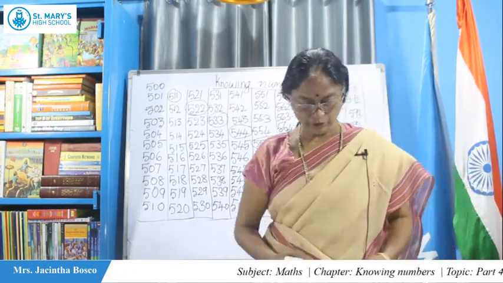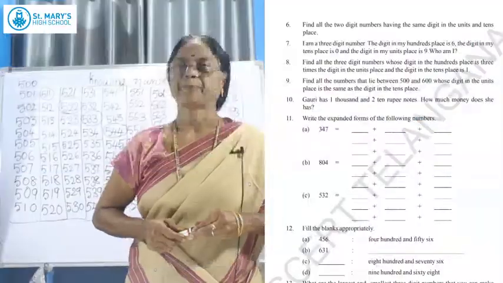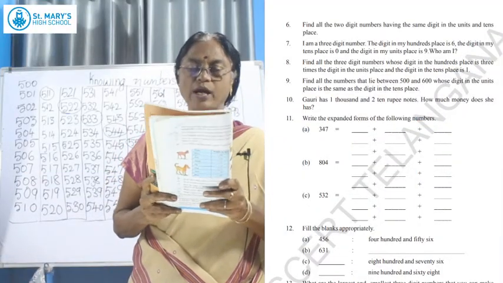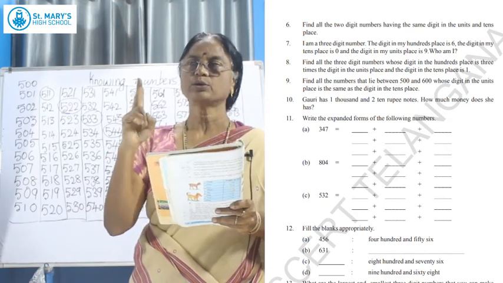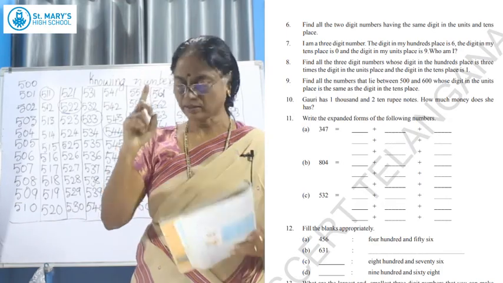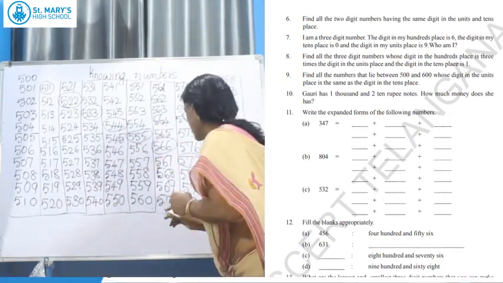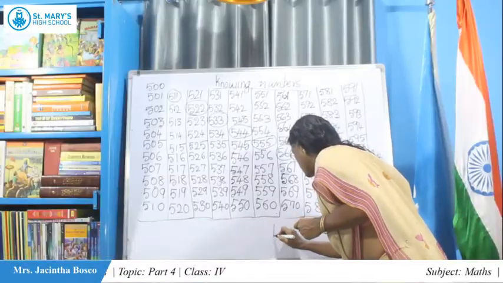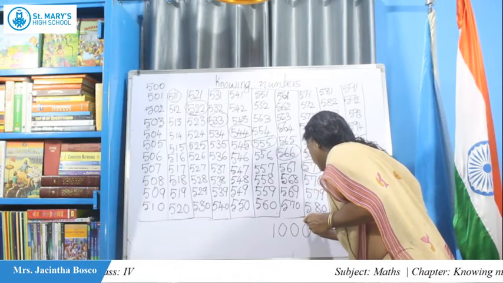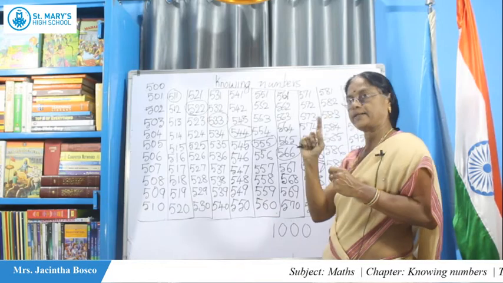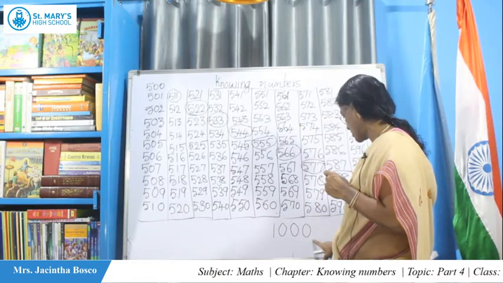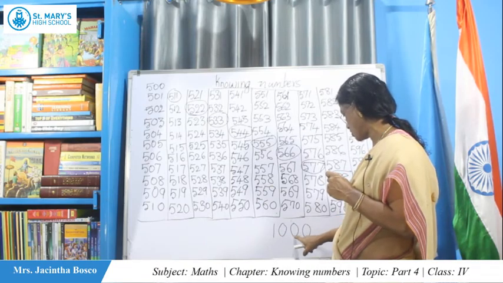There is one more question, 10th question. Look at the question there. Gauri has 1000 and two 10 rupee notes. How to write 1000? Like this. 1, 0, 0, 0. After 999, 3-digit number, the next number is a 4-digit number.